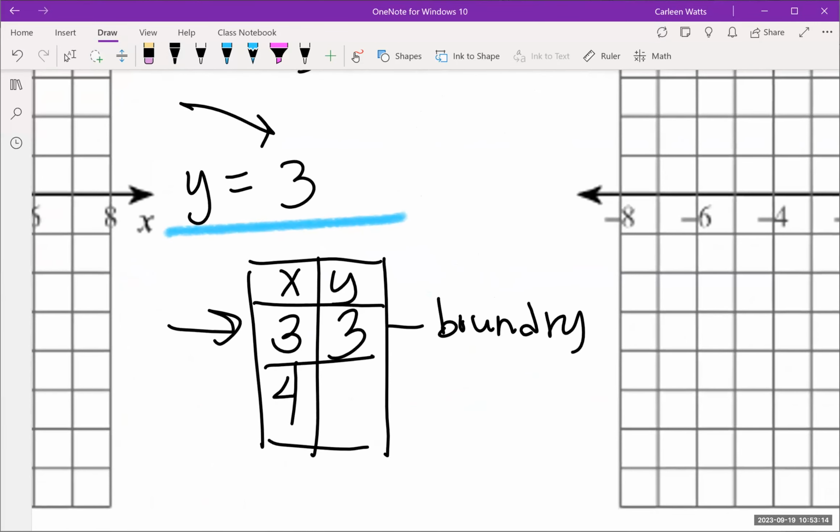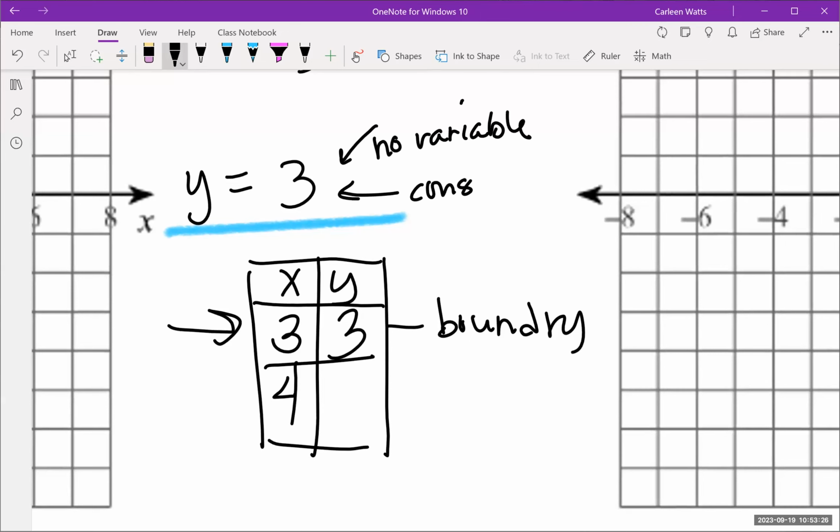Okay, this is cluttered. Okay, notice no variable. This is constant. It is always 3. No matter what I plug in for x, y is always 3. So when x is 3, y is 3. When x is 4, y is what?